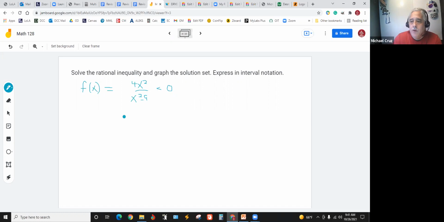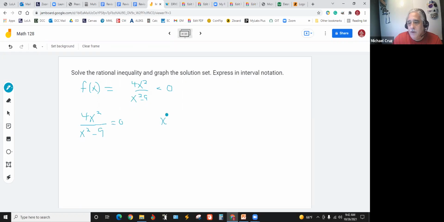But anyway, what we got to do is work with this thing here. Look at it as a function for a minute that's set equal to 0. When we got a rational inequality, we got to solve the numerator and denominator to get those boundary points.